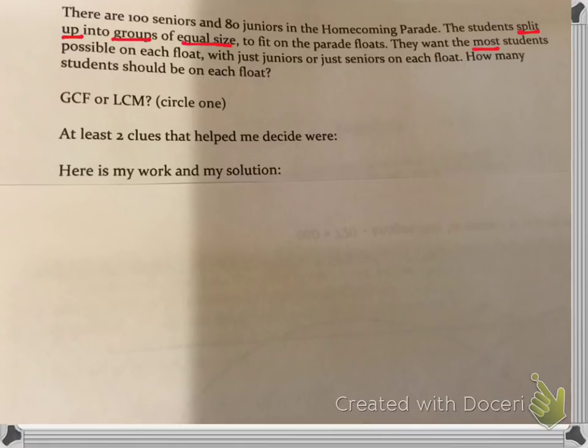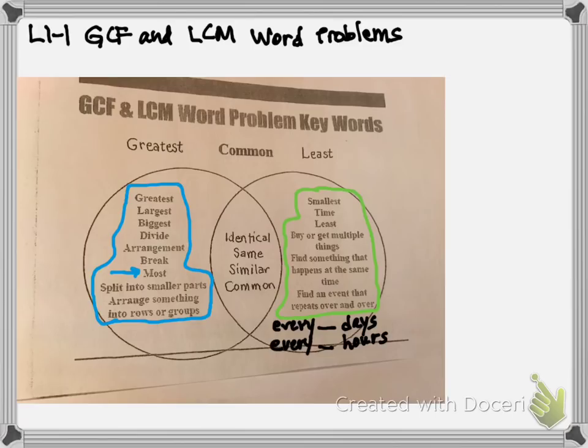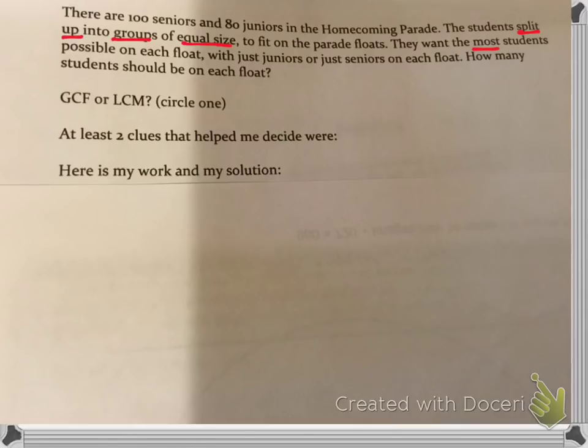All right, I'm going back to that first one. Let's see. We're talking about arranging something into rows or groups. Most. Okay. I think there was, was it split? What was the other word? Split up into equal groups. For sure, this is GCF, without a doubt. So let me write down those words.